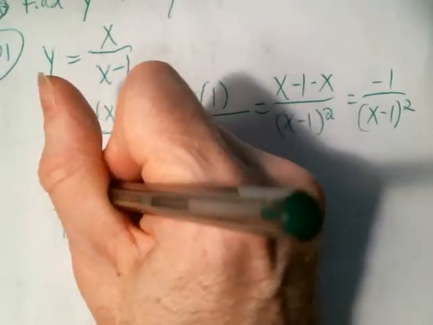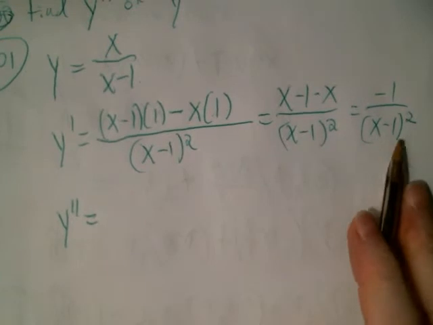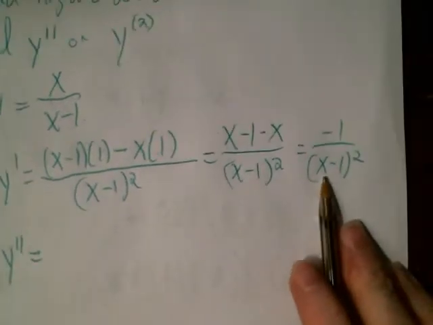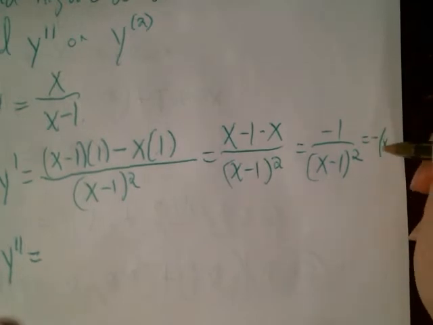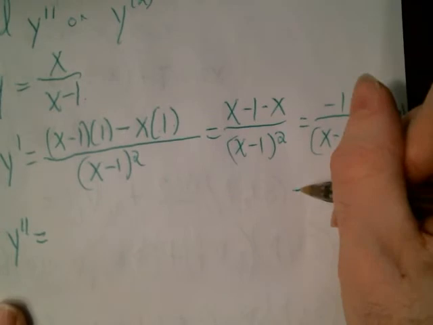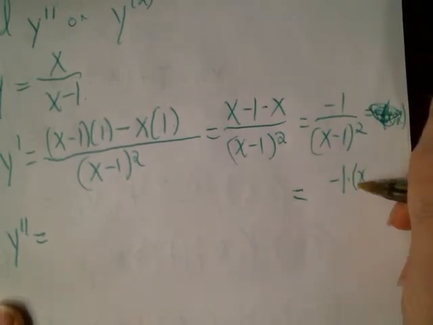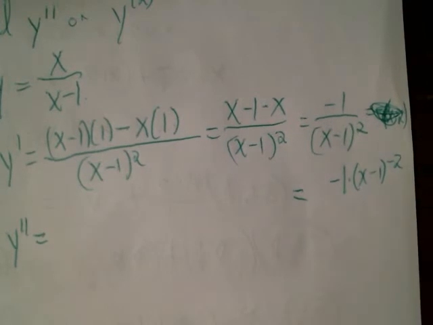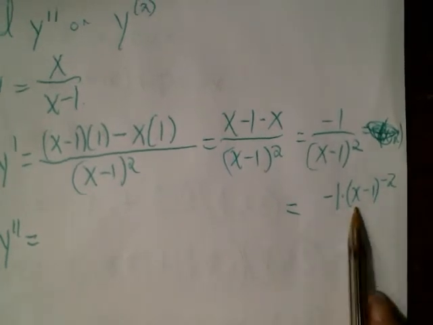Y double prime. So you may think, ooh, I want to do a quotient rule on this. No, don't. You could rewrite this thing as, it's equal to negative 1 times x minus 1 to the negative 2. So what we're going to do is use the power rule on this thing.